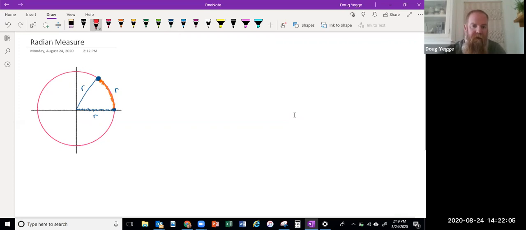It turns out that this angle formed by mapping one radius around the outside of a circle is considered 1 radian. So what we're referring to here is 1 radius corresponds to the angle of 1 radian.